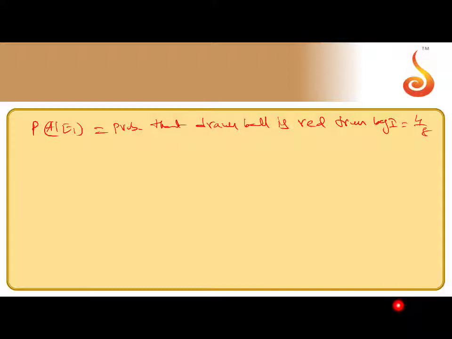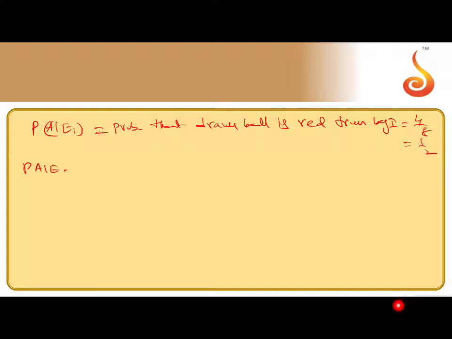Next, P of A given E1: the probability that the drawn ball is red from bag 1. You get 4 by 8, that is 1 by 2.